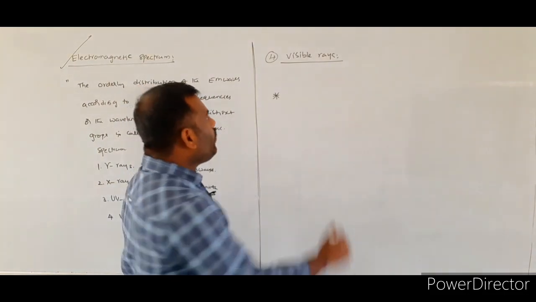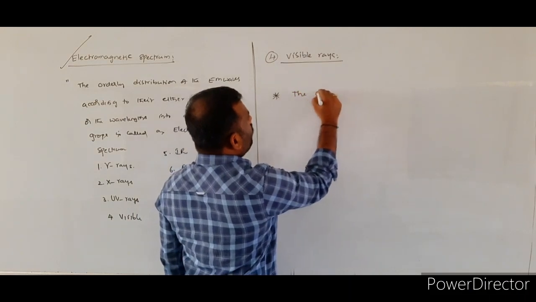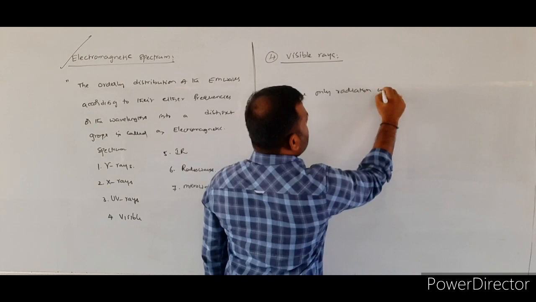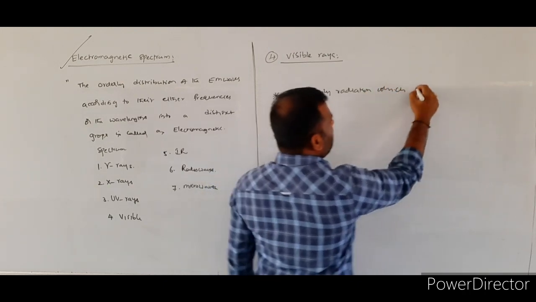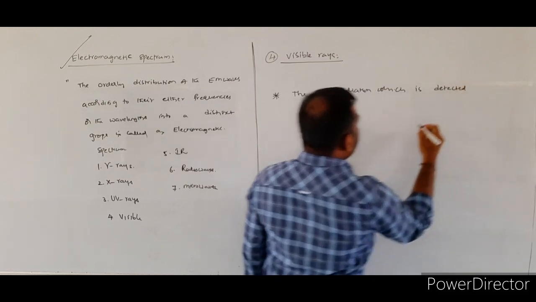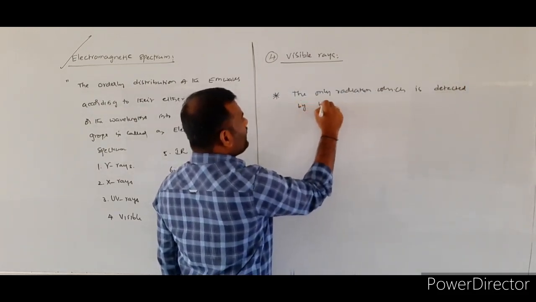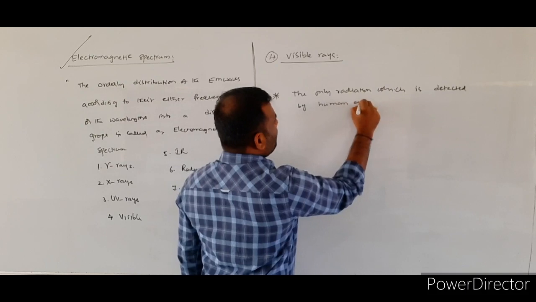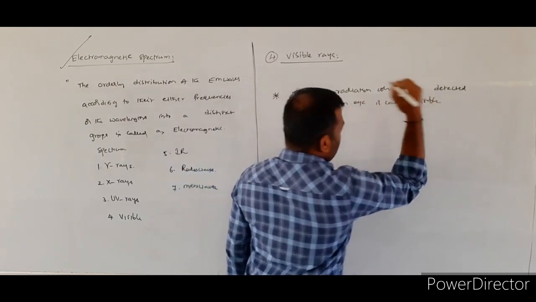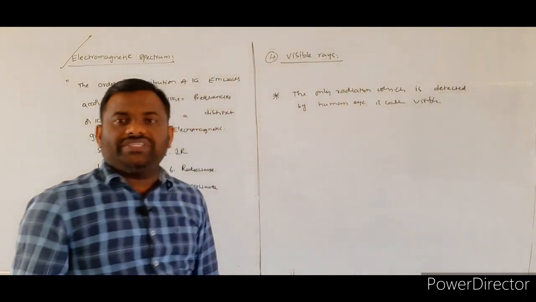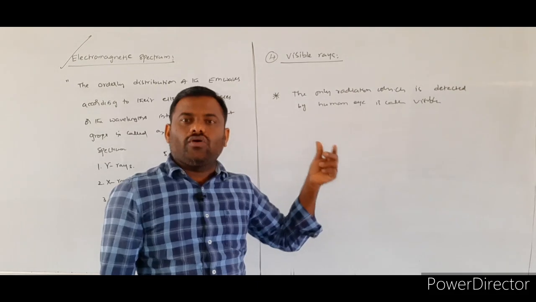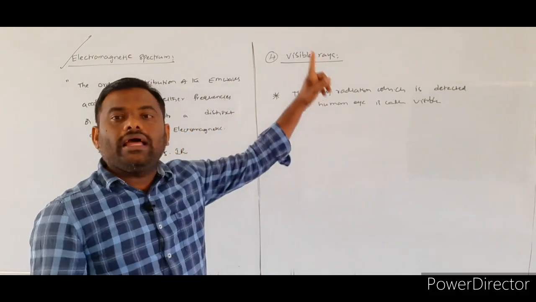The only radiation which is detected or identified by the human eye in the electromagnetic spectrum is called visible radiation.